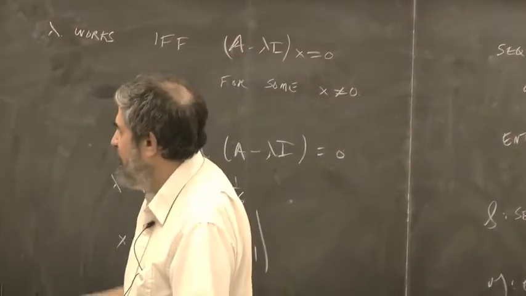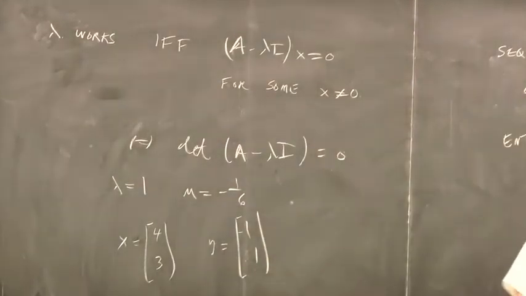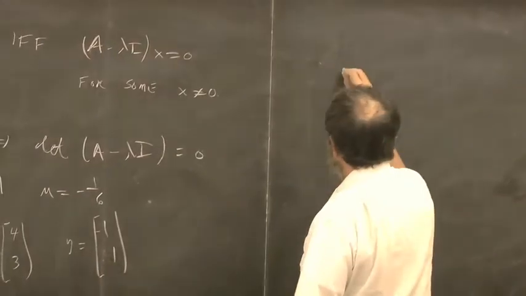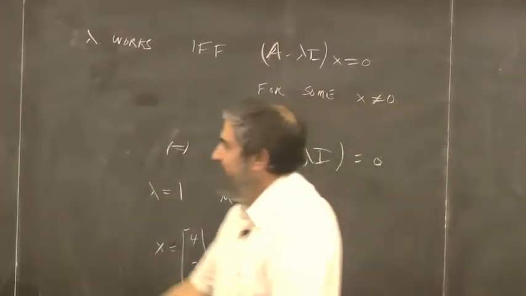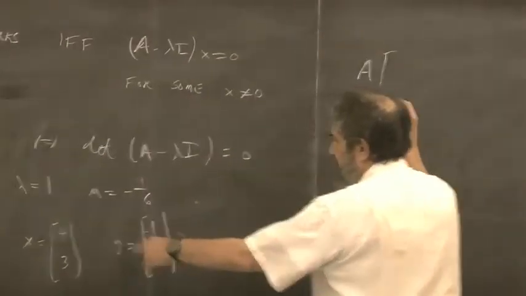And so now let's go back to our problem and see how this solves it. It's telling us what to take our matrix P for. So we have A times the matrix P. We now know what that is.